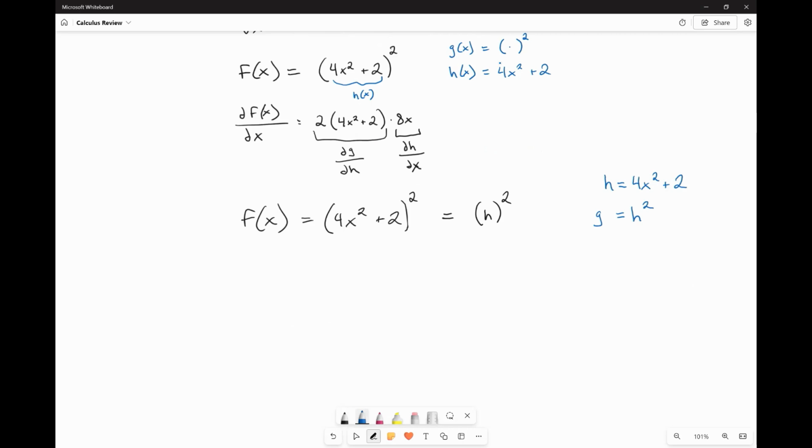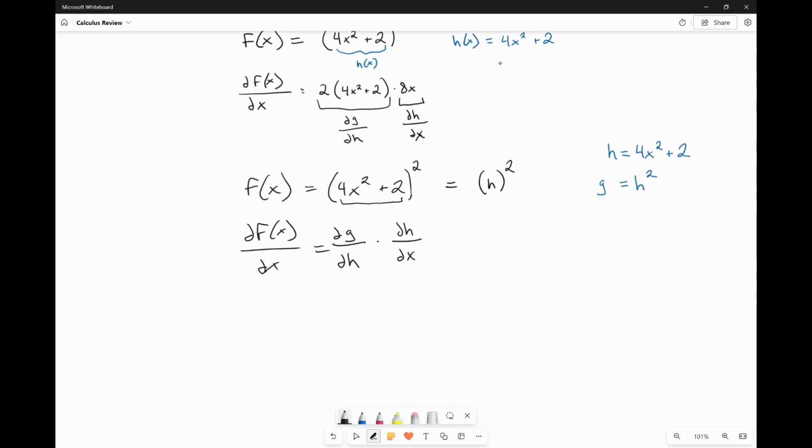The derivative of f of x with respect to x is equal to the derivative of g with respect to h times the derivative of h with respect to x. If I just replace the inner expression with the letter h, it's much easier to see. The derivative is going to be 2 times h times the derivative of h with respect to x.